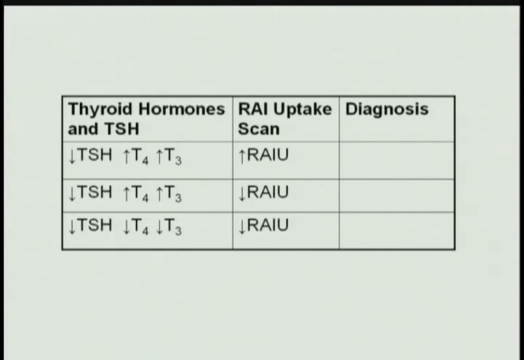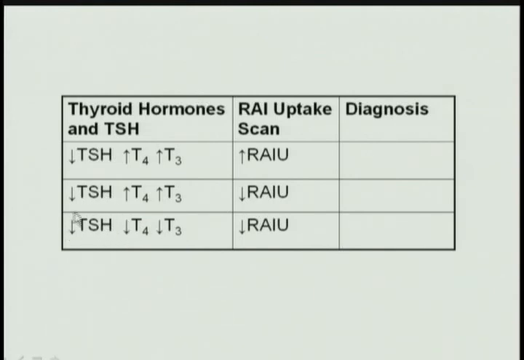I like that. The last case, case number 3, this patient has a low TSH, low free T4 and T3, right? So that patient has secondary hypothyroidism, right? Secondary because these hormones here are decreased, the T4 and T3, and the TSH is also decreased.